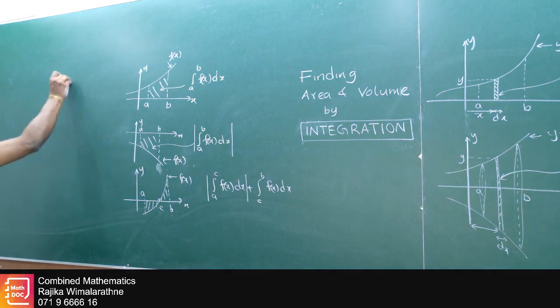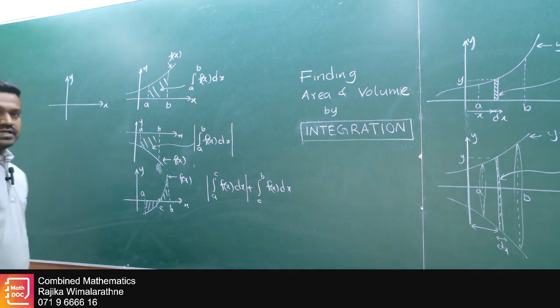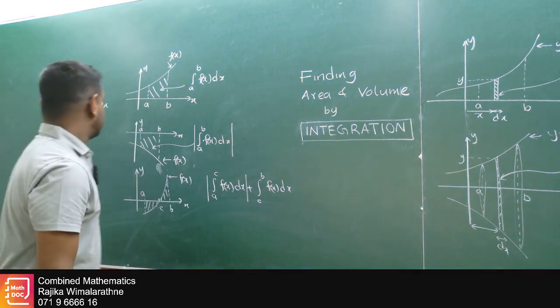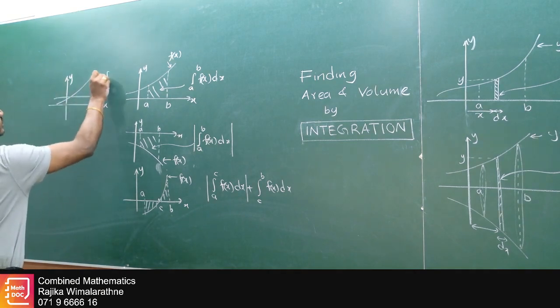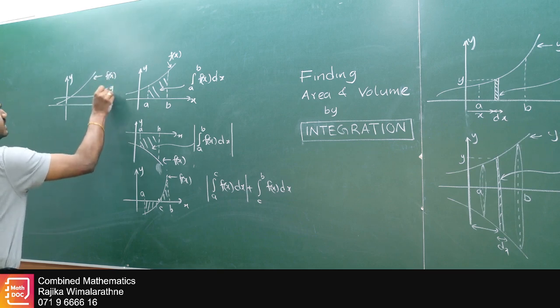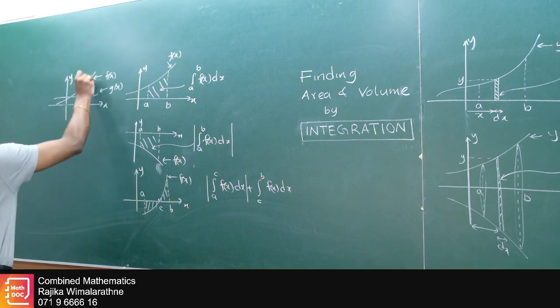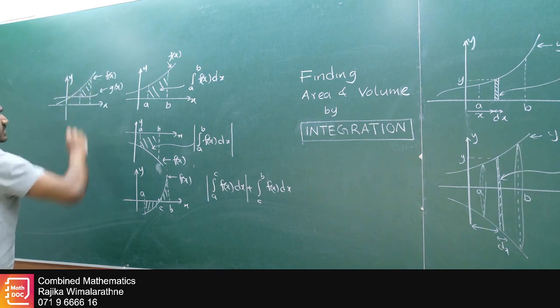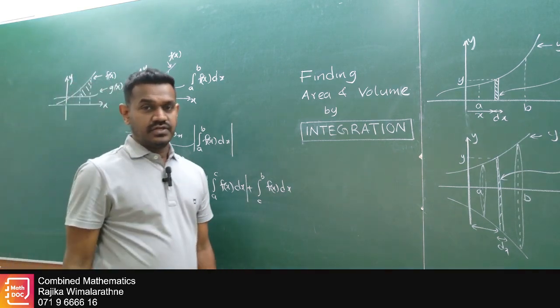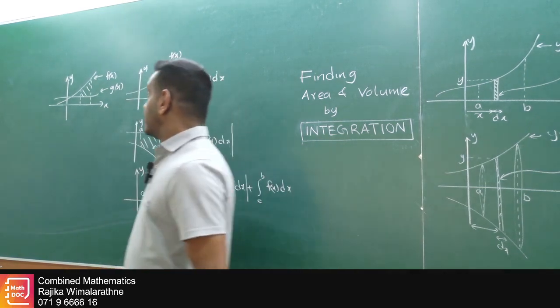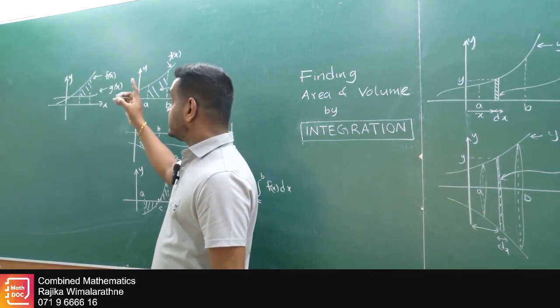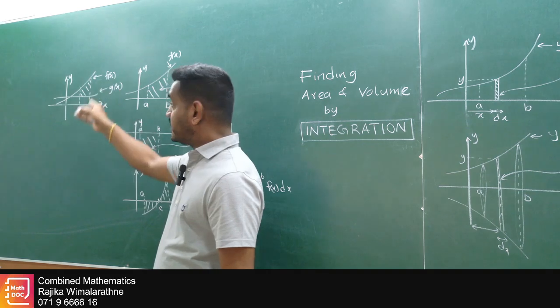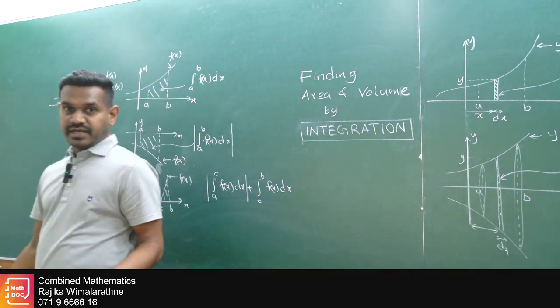Another thing, see this one. Consider two functions, with x-axis and y-axis. Here f(x), here g(x). If you need to get the bounded area between two functions, you can do it this way. The upper function is f(x), the lower function is g(x). Then you take the bigger area and subtract the small area.